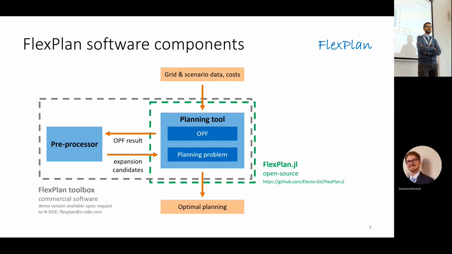The tool can say, okay, the line is definitely the best investment, or at this point of the network storage might make sense. But how the storage is operated, or which services should be provided by it, is decided much closer to the time horizon of the system.